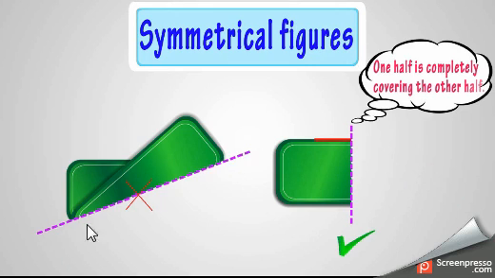Can I say the diagonal of a rectangle is a line of symmetry? No, because when I divide the rectangle into parts by the diagonal, the first part and the second part can't completely cover each other.